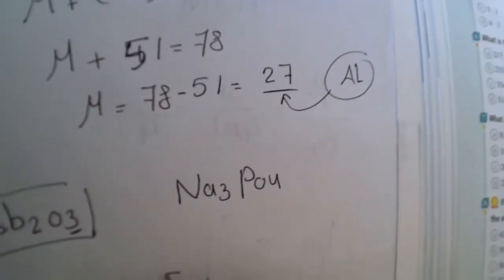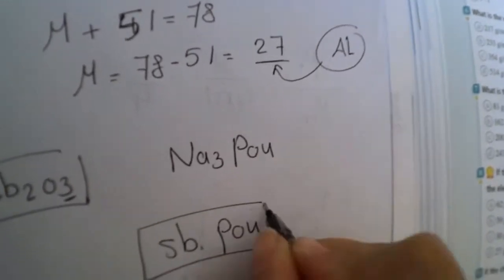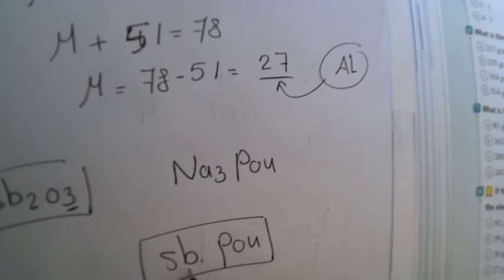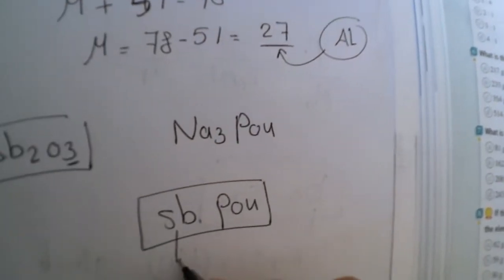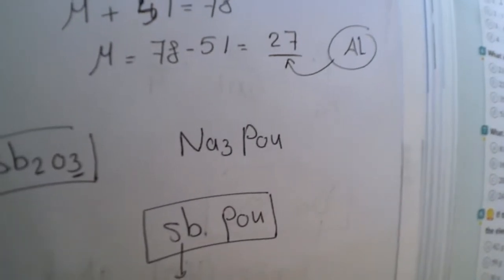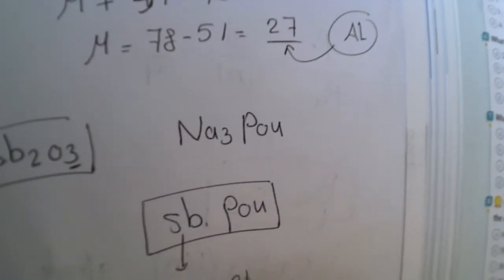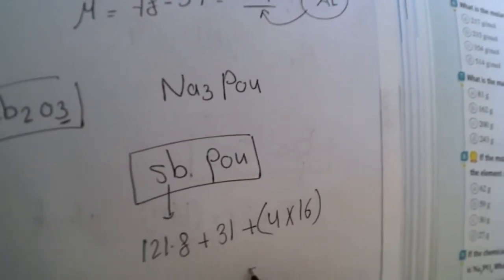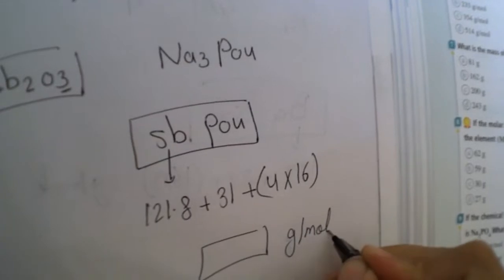So to write the antimony phosphate, you write SbPO4, because antimony is trivalent and phosphate is trivalent, and we add them together. Antimony equals 121.8 plus 1 phosphorus by 31 plus 4 times 16, and we calculate it in gram per mole.